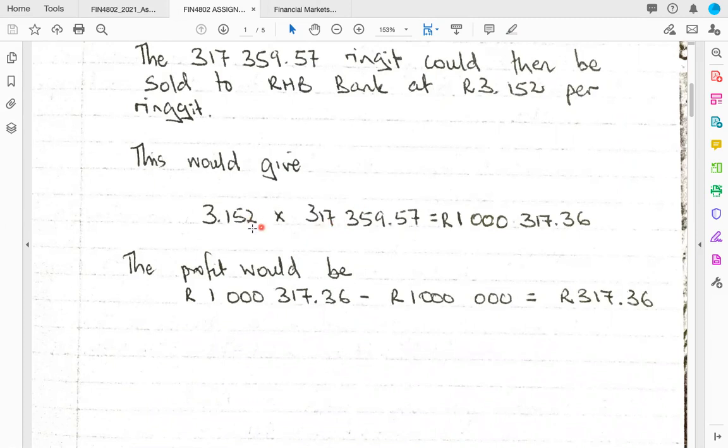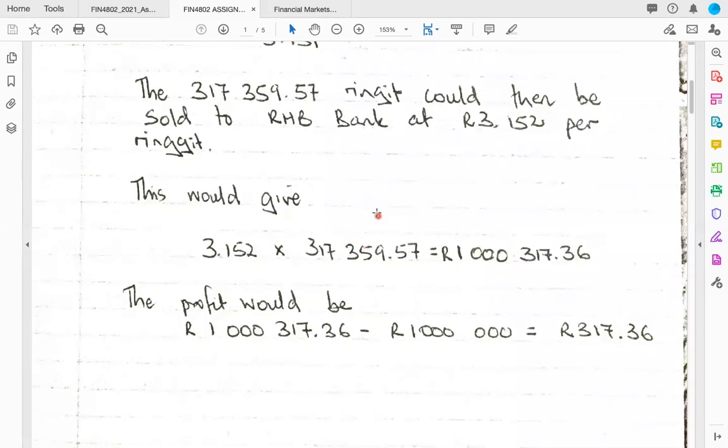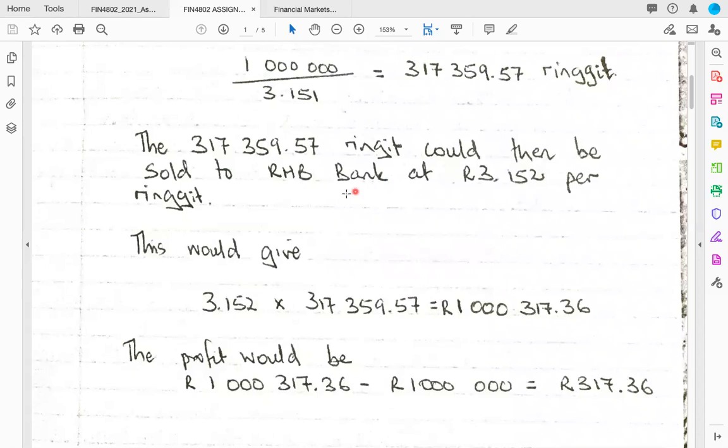So we take 3.152 multiplied by 317,359.57, and we get 1 million. Okay, this is actually the price that RHB Bank is prepared to buy at. We are selling our ringgits to RHB Bank.